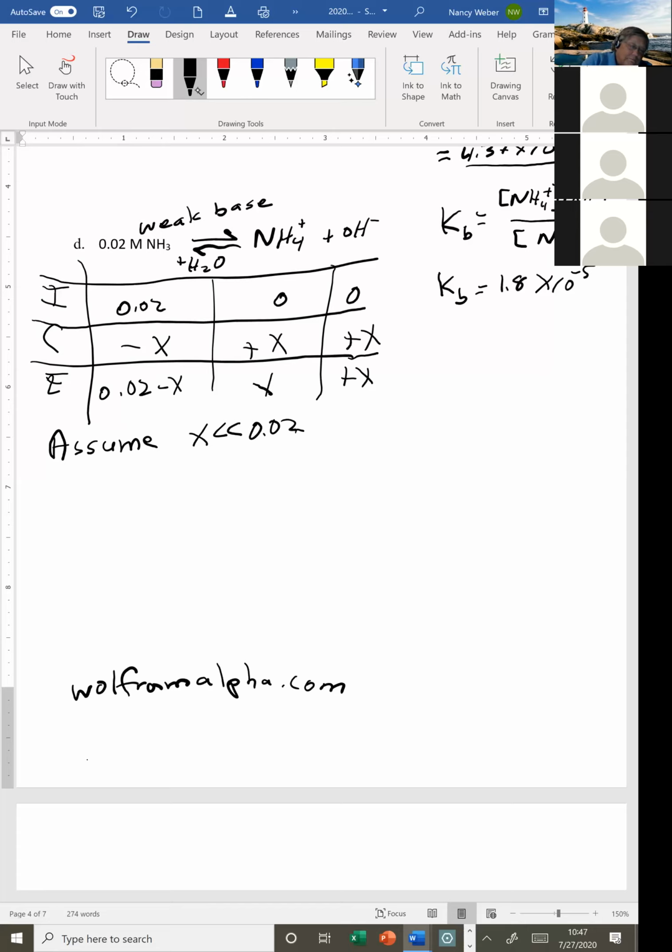Okay. So 1.8 times 10 to the minus 5 equals x squared over 0.02. Isn't that a lot nicer than the quadratic? So 1.8 times 10 to the minus 5 times 0.02 equals x squared.